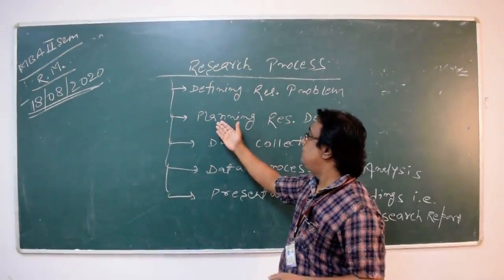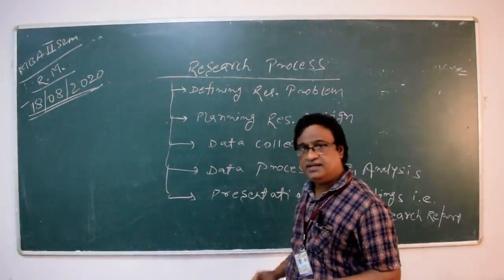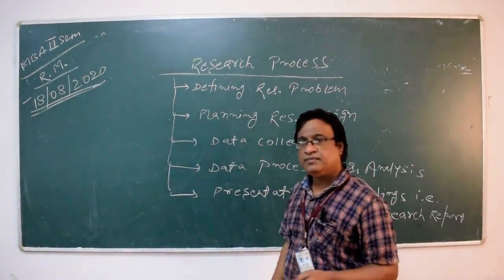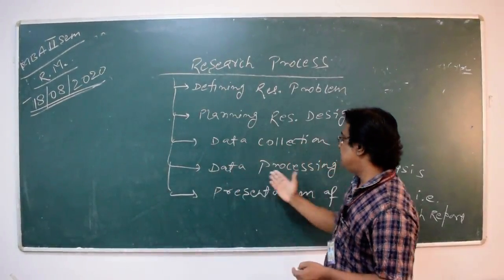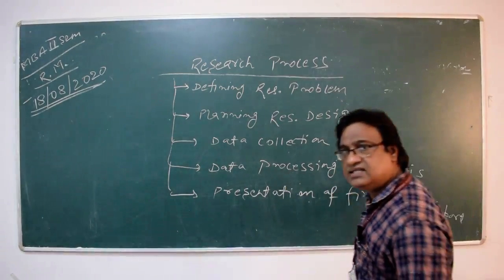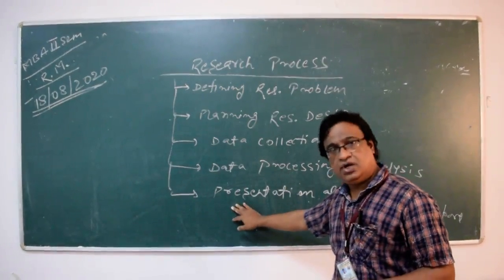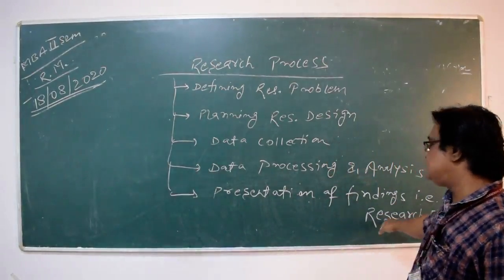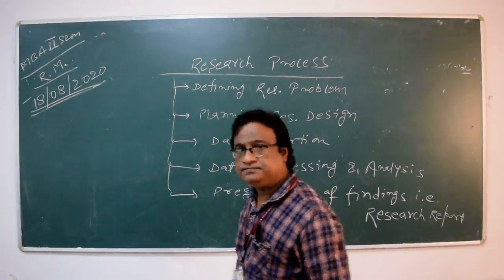Next one is planning research design. Third one is data collection. Fourth one is data processing and analysis. And last but not least is presentation of findings, that is, the research report.